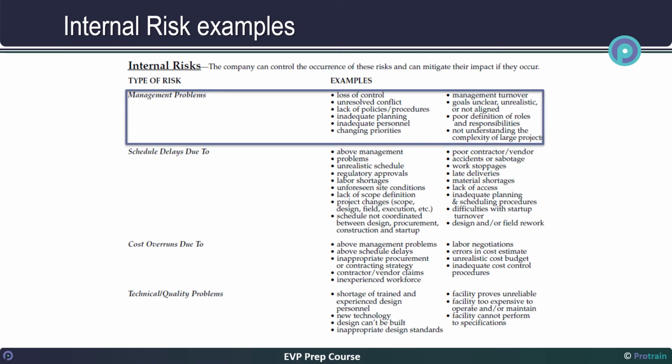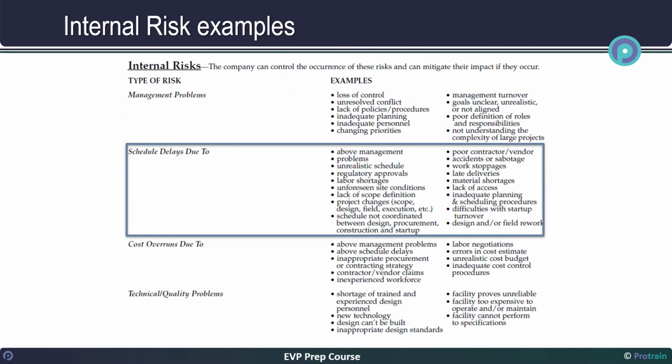The example of management problems risks can be numerous, such as loss of control, unresolved conflicts like of policies and procedures, inadequate planning, inadequate personnel, changing priorities, management turnover, unclear and unrealistic goals, poor definitions of roles and responsibilities, not understanding the complexity of projects, etc.